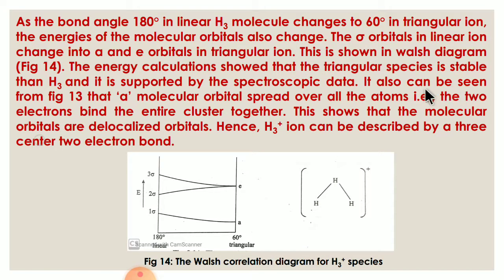It can also be seen from figure 13, the molecular orbital diagram of the H3 plus ion, which we have already seen in the last slide, that the A molecular orbital spreads over all the atoms, that is, the 2 electrons bind the entire cluster together. This shows that the molecular orbitals are delocalized orbitals. Hence the H3 plus ion can be described by a 3-center 2-electron bond.